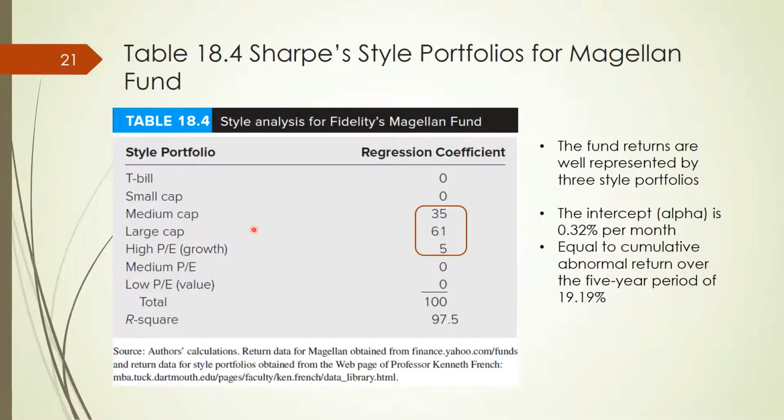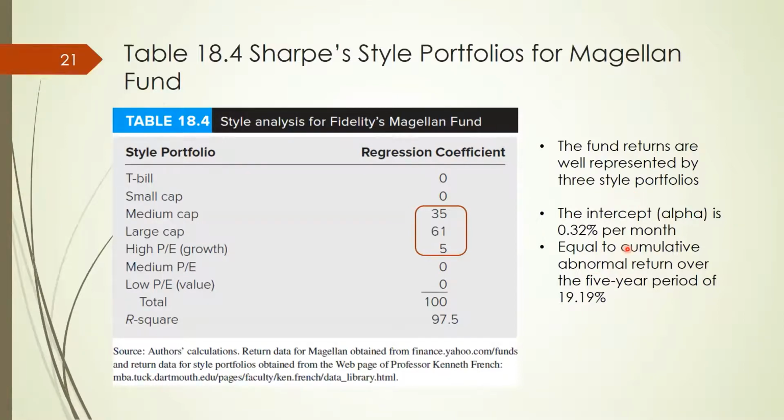Altogether, the three styles, medium cap, large cap, and growth, accounted for 97.5% of the return variation. So basically, the results show the fund returns are well represented by the three style portfolios.